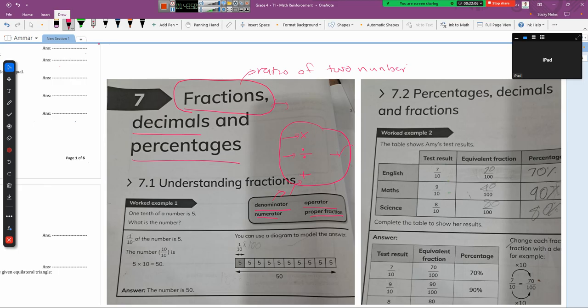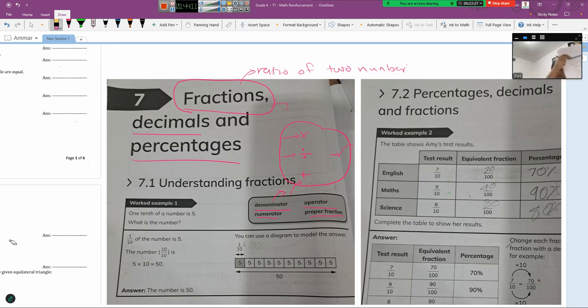And 1/10. How can you write 1/10? Write on paper. Can you just scribble on the screen? Can you write on the screen?